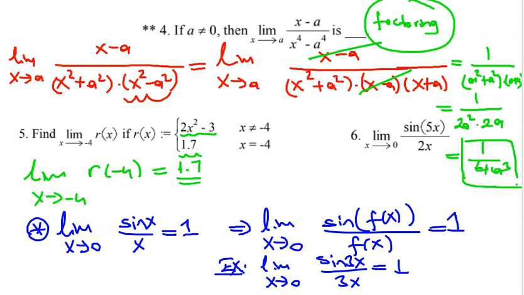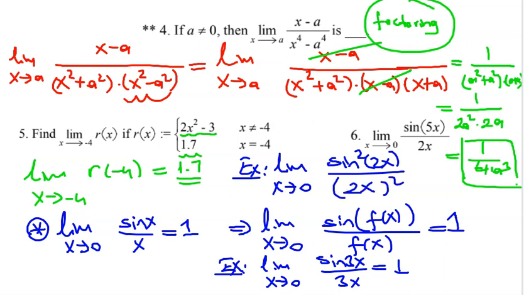Another quick example here. Limit x approaches 0 of sine squared 2x over 2x squared. This is also equal to 1 because we have the same inside function on top and the same function on the bottom. So in light of this information, we're going to do question 6.